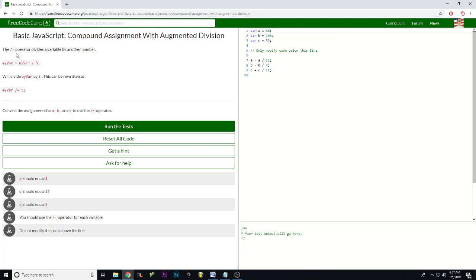The divide equals operator is the same thing but with division. a divide equals 12, b divide equals 4, c divide equals 11.